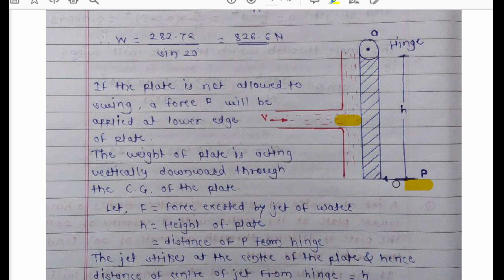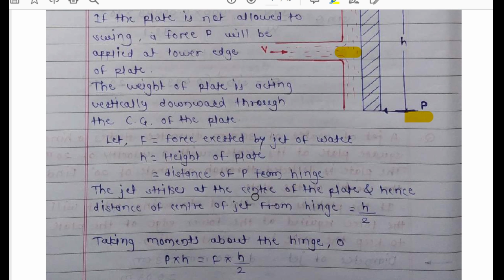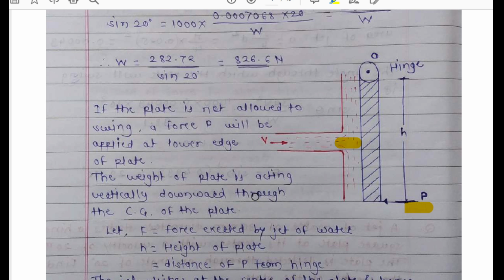then we have to equate this force with P. Okay, so again, the weight of plate is acting vertically downward through the center of gravity of plate. So the moment of this W will be 0 because it is acting in the same line as the hinge.